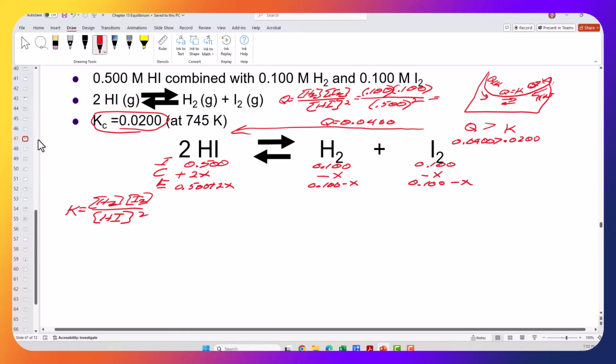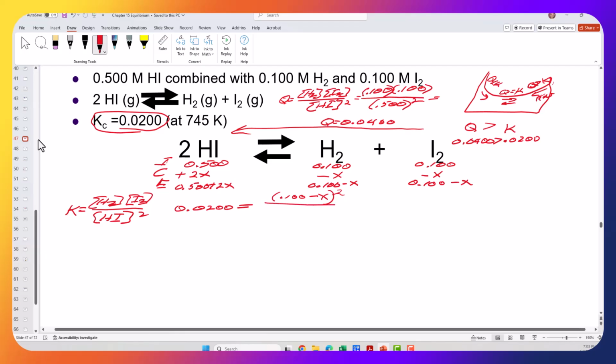Okay, so here we go. Let's plug everything in. We've got 0.0200, which is my equilibrium constant. For my numerator, for H2 and I2, that'll be 0.100 minus X times 0.100 minus X, which is just 0.100 minus X squared.